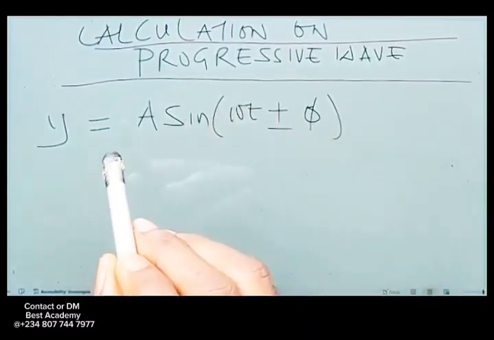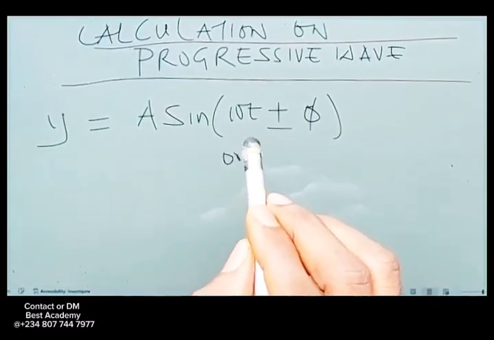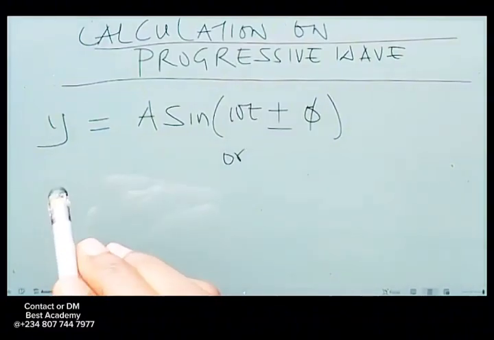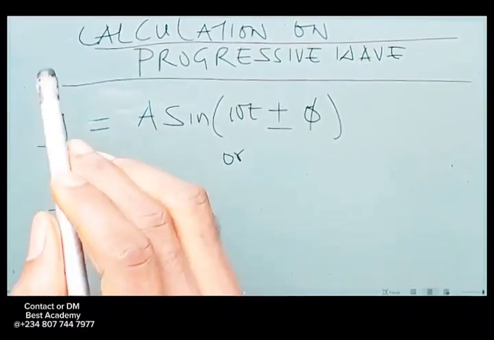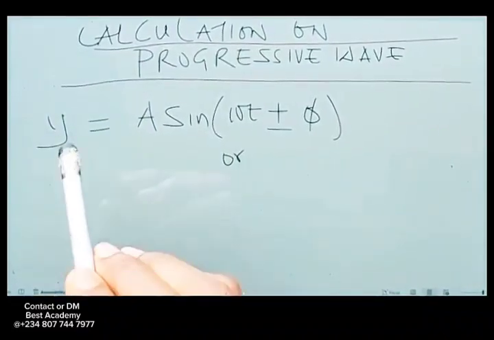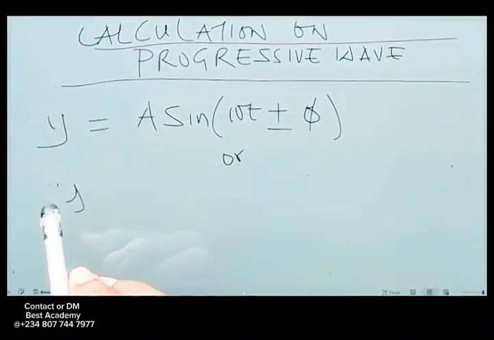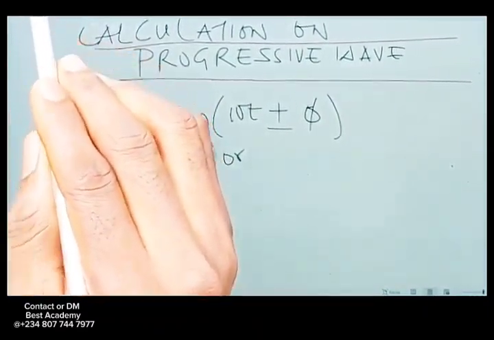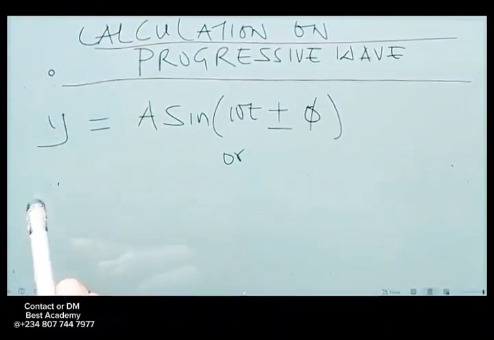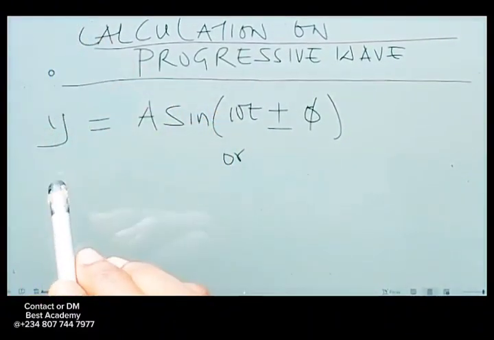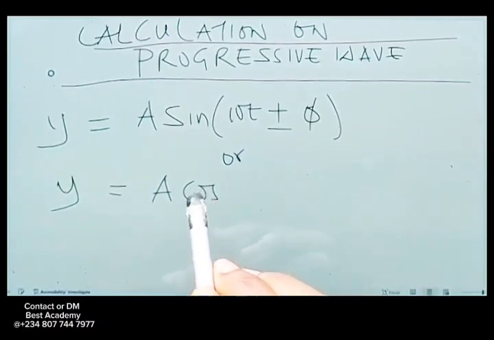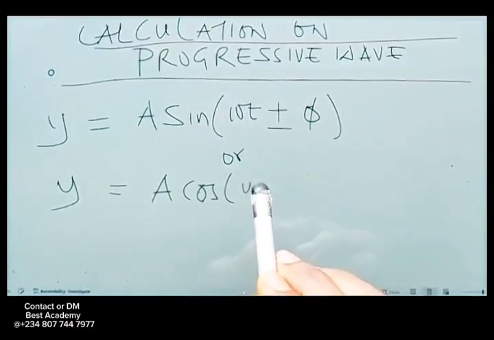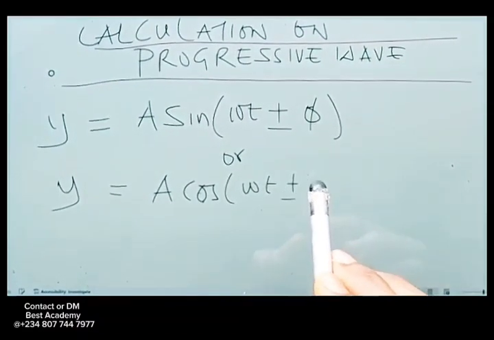Please take note. Or we can also have this formula in cosine format, which is y is equal to a cos of omega t plus or minus phi.